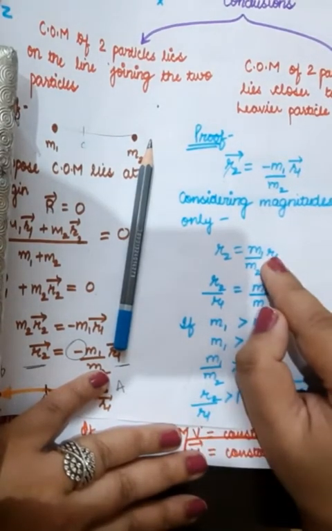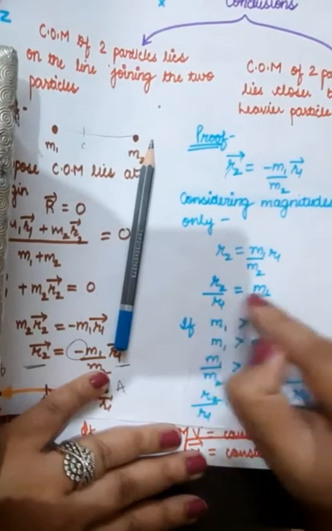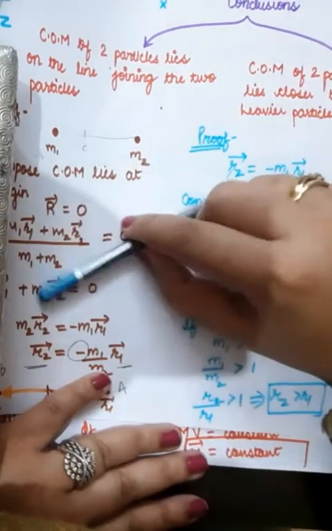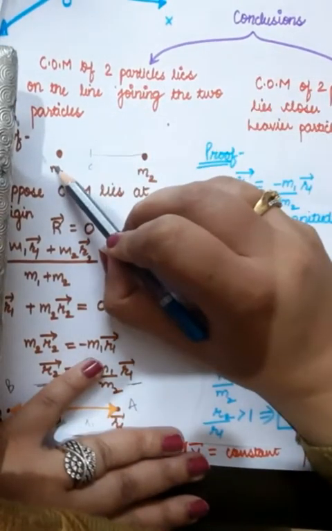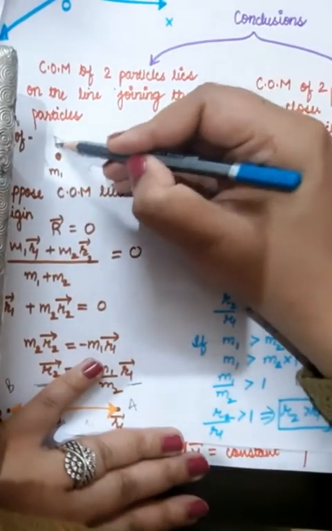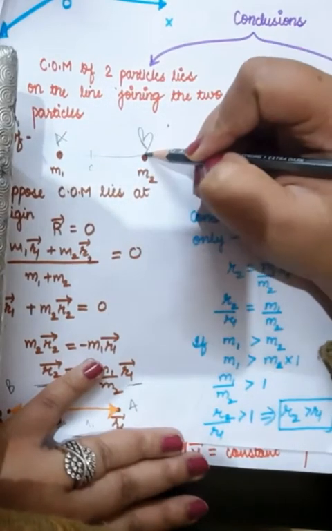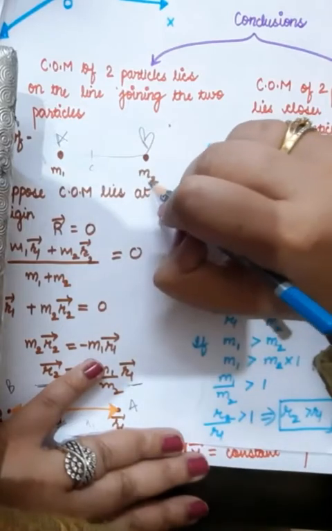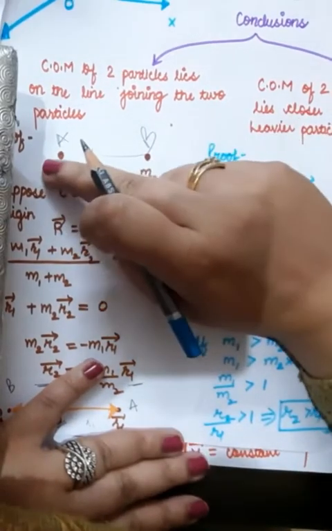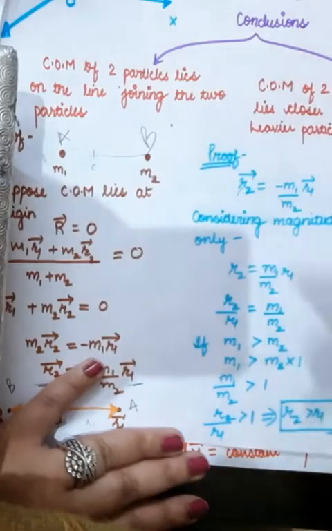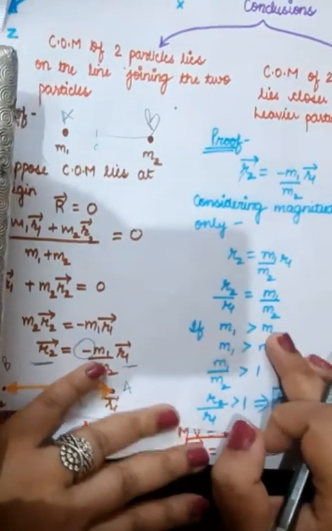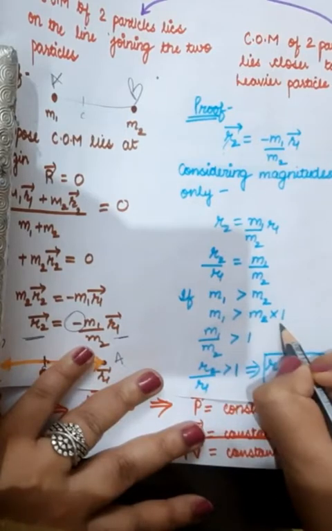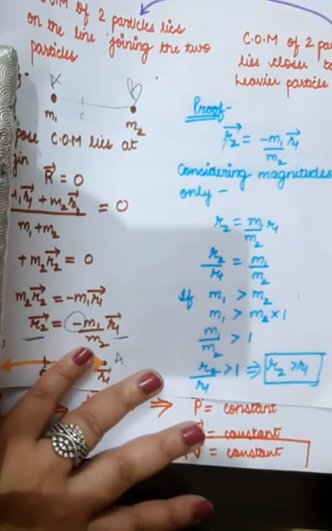Take this R1 to the other side, and this is what you're going to get. Now this is a situation M1 and M2. This is particle A. This is particle B. So if M1 is greater than M2, suppose particle A is heavier than particle B, don't you think that you can write it as M1 greater than M2 into 1? Just multiply it with 1.